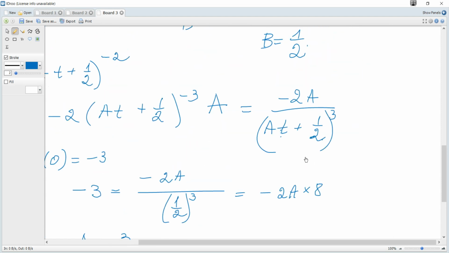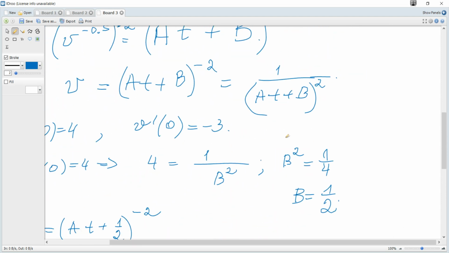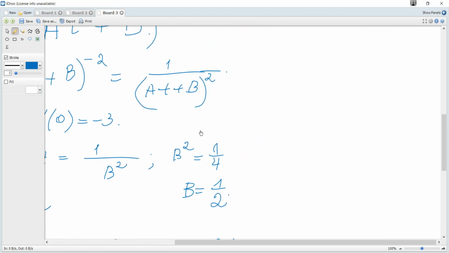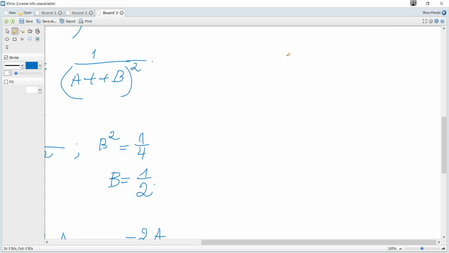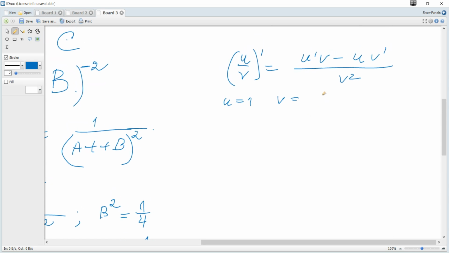Let's check whether we can get the same result using the quotient rule for the derivative. The data booklet says that the derivative of u over v is v squared times u derivative, minus u times v derivative, where u is 1 and v is at plus b squared.